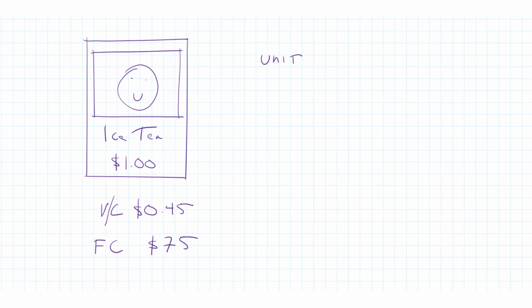When I sell one bottle of iced tea, I earn the $1. However, to produce and sell that bottle of iced tea, I had to spend 45 cents. The difference between the price and the variable cost is a very important number to me.